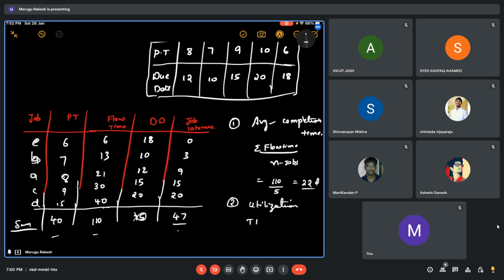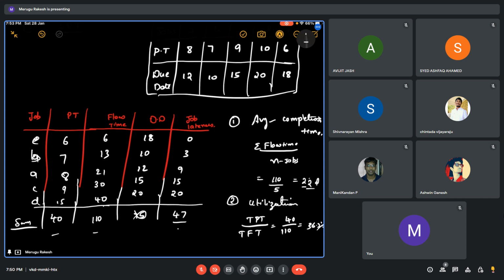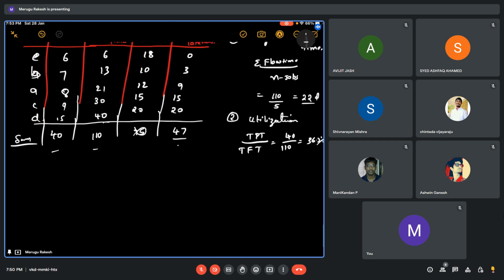Then comes the utilization. That is nothing but the total processing time divided by total flow time. So 36.3% is the utilization in this case. Similarly, we will have the average number of jobs waiting in the system.